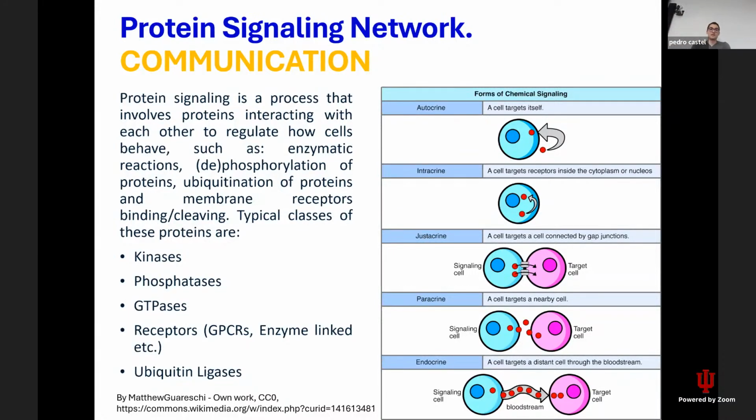So the classes of these proteins that contribute to this communication process are kinases, which are proteins that add a phosphate group to another protein. A phosphatase, which is a protein that removes a phosphate group. GTPases, receptors in cell membranes, and ubiquitin ligases.